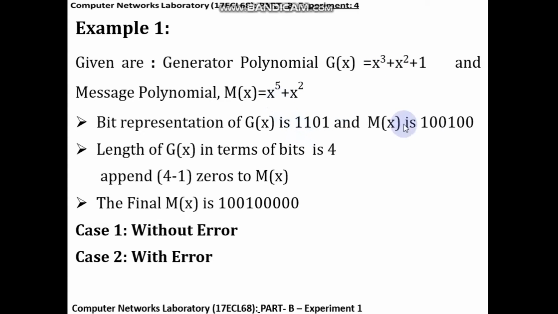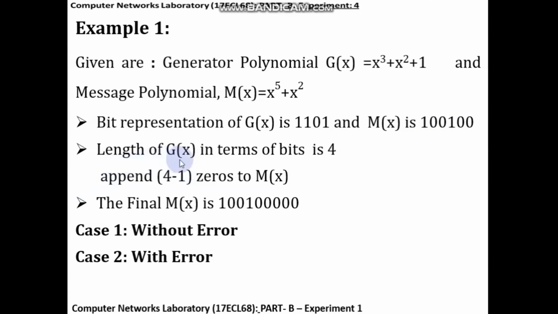In similar fashion, the bit representation of m(x) is 100100. Here the x0 and x1 terms are absent, that's why these are two zeros. Here it is x square, then x cube and x4 are absent in the polynomial, and we have x raised to 5, and here it is 1.